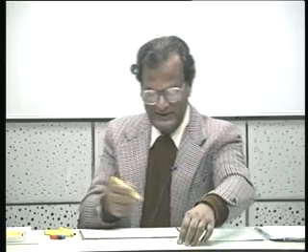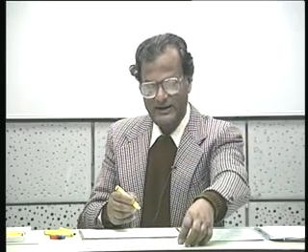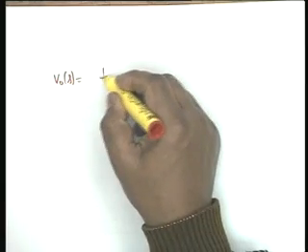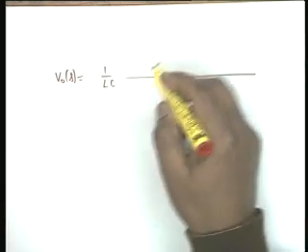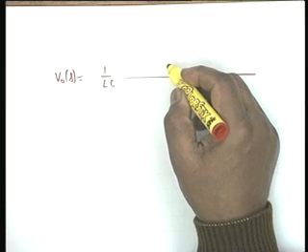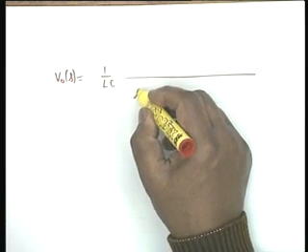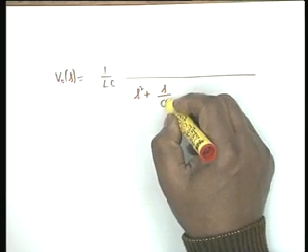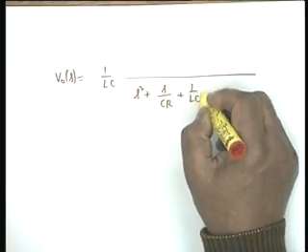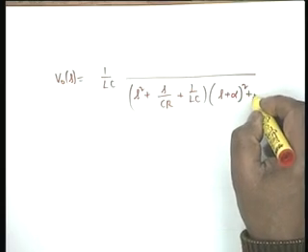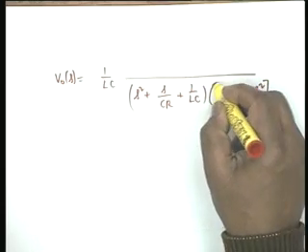The last part of the question is, let me write this down once again. V0 of S equal to 1 by LC times a cubic polynomial divided by S squared plus S by CR plus 1 over LC times S plus alpha whole squared plus beta squared.